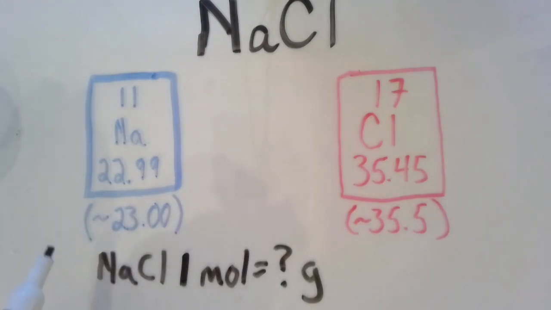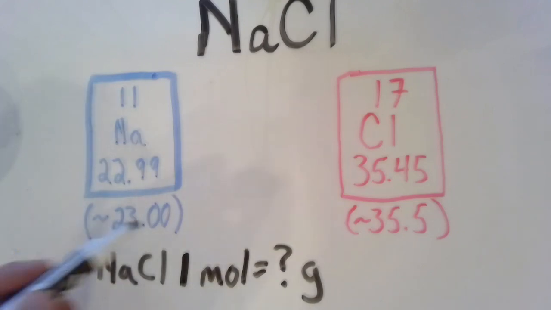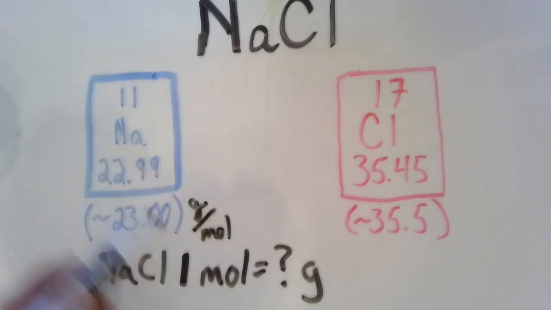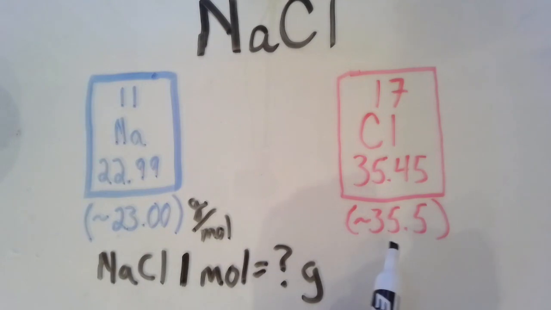We can look at it as we say that 22.99 on the periodic table. I'm going to round it up again just to make life a little bit easier. We've got 23 grams per mole of sodium. And over here, I've got 35.5 grams per mole of chlorine.